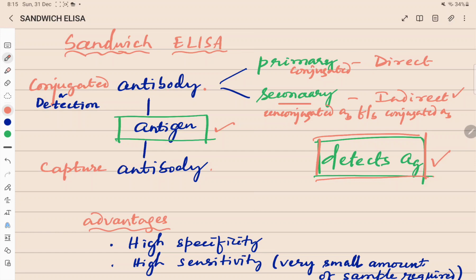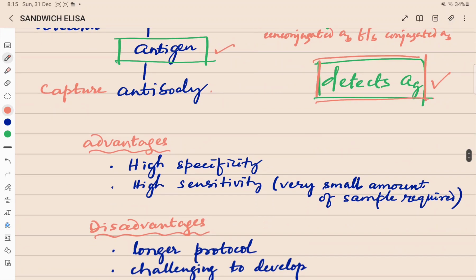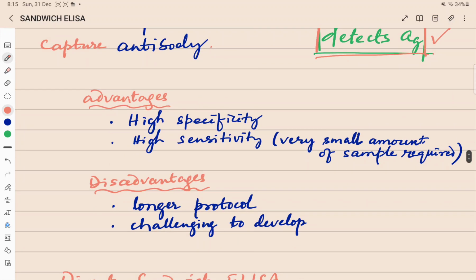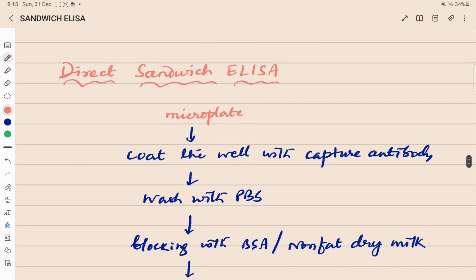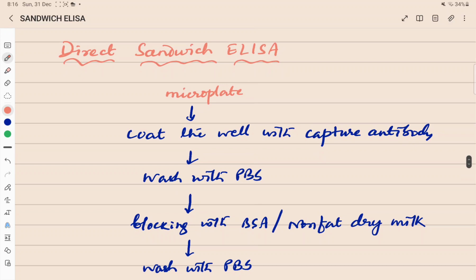That detection antibody can be conjugated or unconjugated. If it is unconjugated, then we have to add another secondary antibody, the conjugated antibody. It has advantages like high specificity, high sensitivity, and a very small amount of sample is required, but the disadvantages are a longer protocol and that it is challenging to develop. So let us see direct sandwich ELISA.